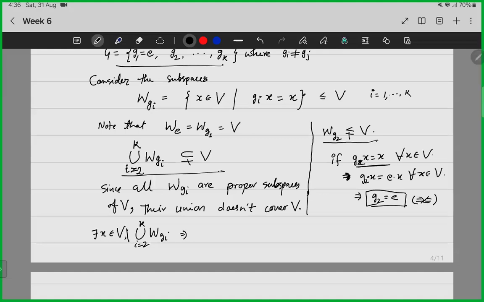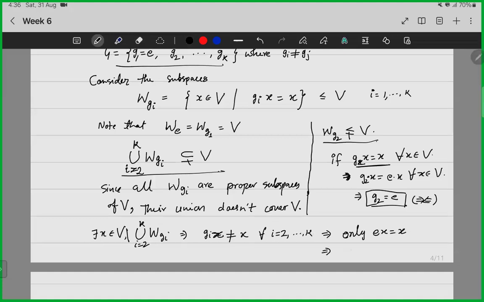This implies gi(x) is not equal to x for every i from 2 to k. This implies only identity fixes x, only e(x) is equal to x.